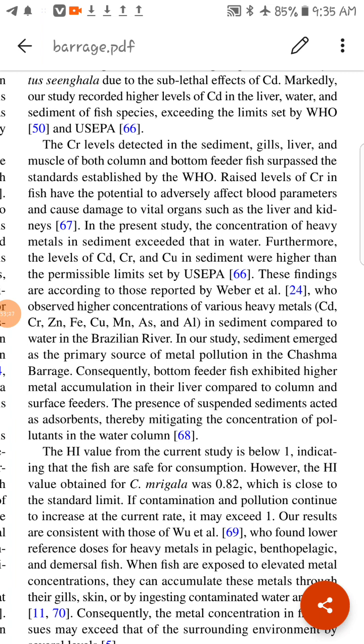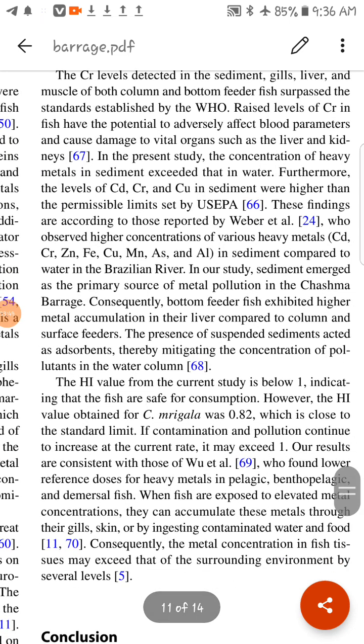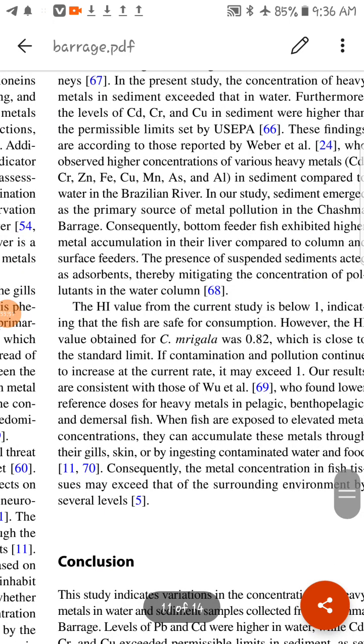So our results are consistent with those of Woods et al., who found lower reference dose for heavy metals in pelagic, benthopelagic and demersal fishes. So that's how you discuss your results and arrive at your conclusion.